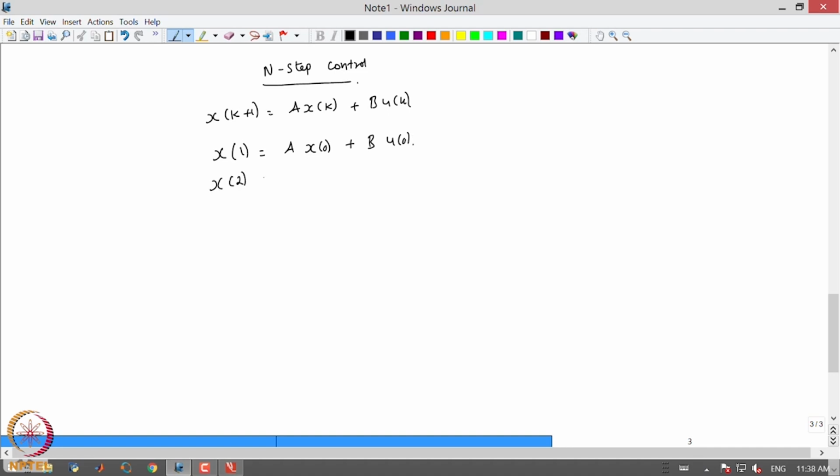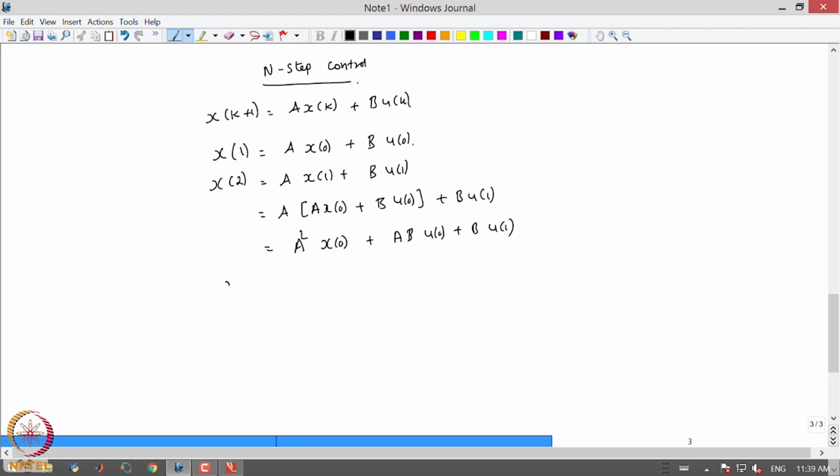Then x2 is A of x1 plus B of u1. So, this is A square x naught plus AB u naught plus B u1.